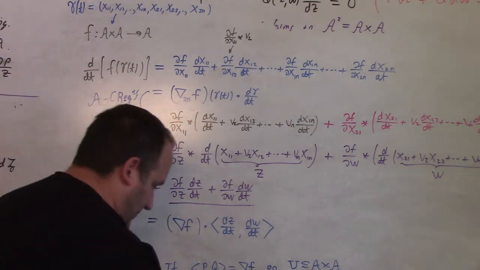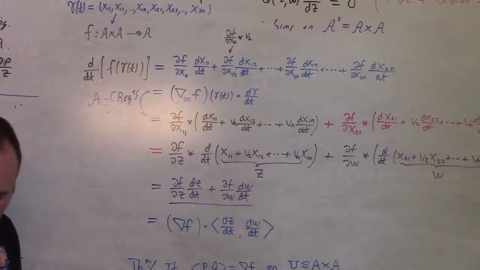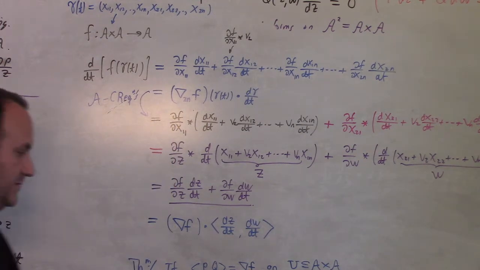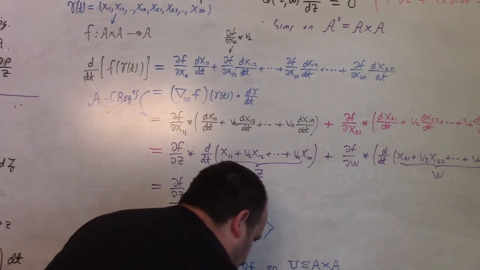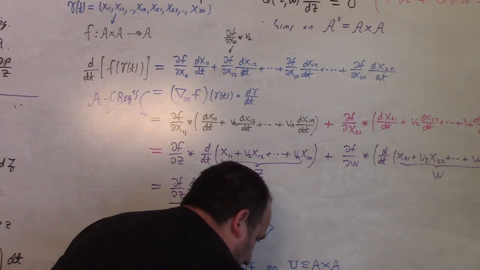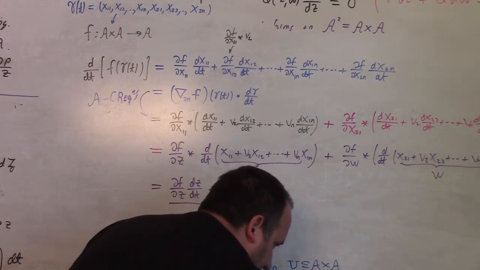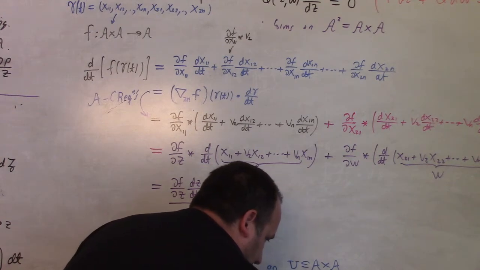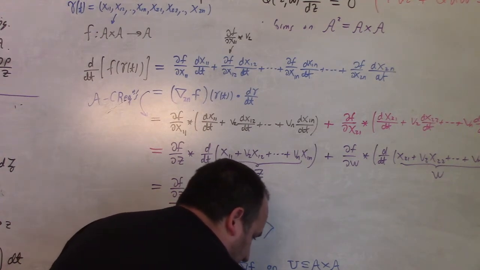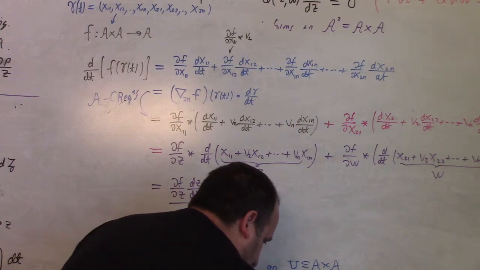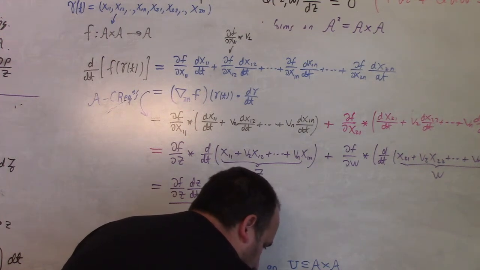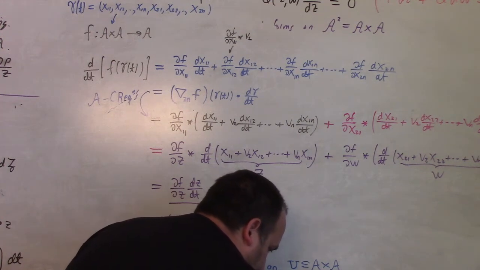Because of this thing we just proved. This is the integral of the gradient, but so is this. So the significance is that both of these are just given by f of P2 minus f of P1.